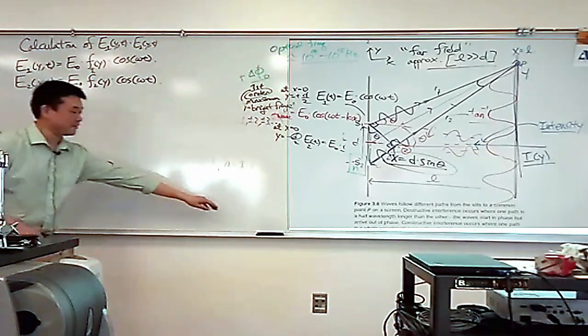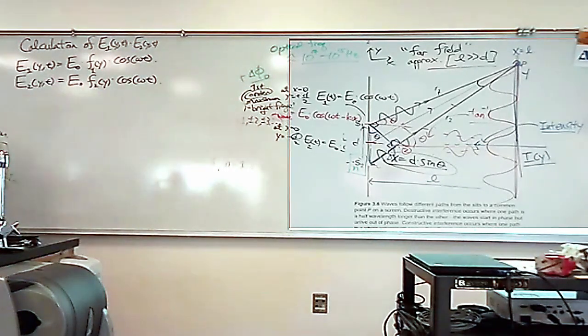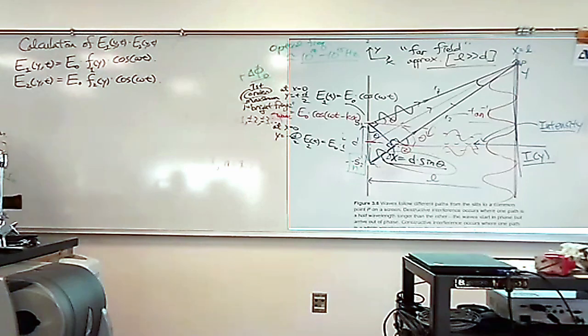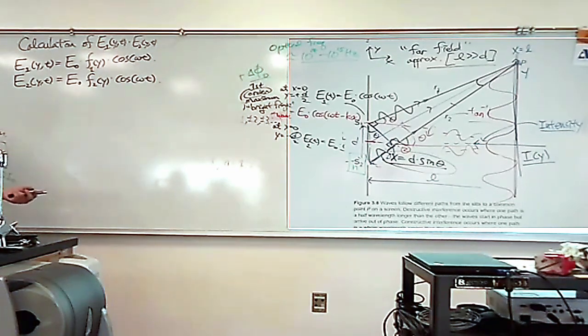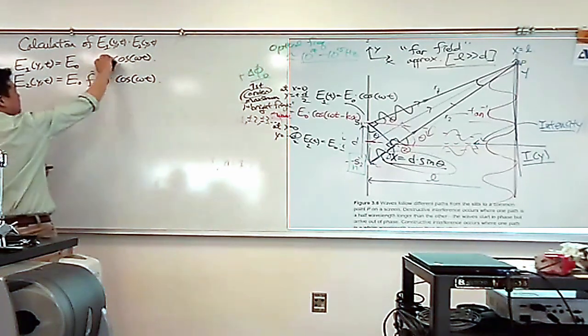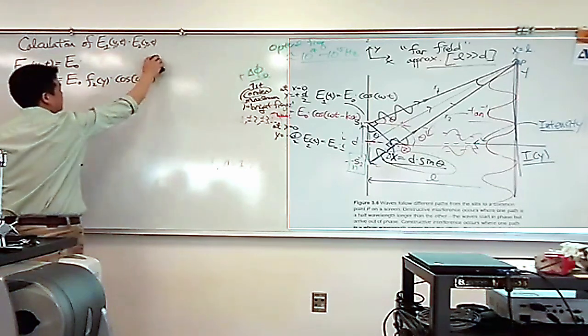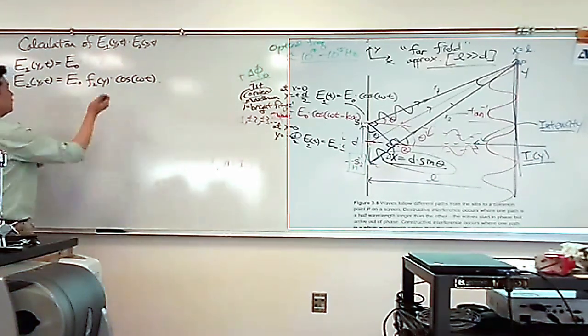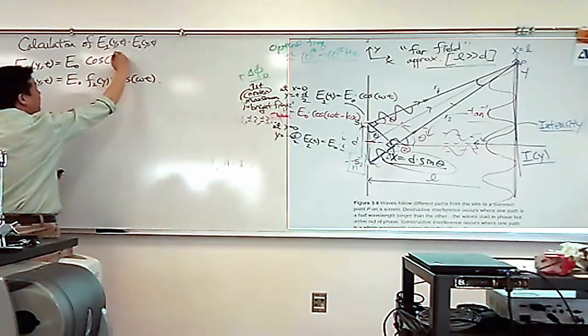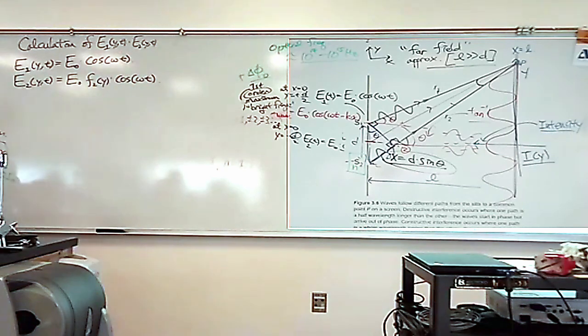And let me backtrack to this portion. So the electric field on the screen is going to be something that oscillates as a function of time, right? So it's going to be some amplitude times cosine of omega t, right?